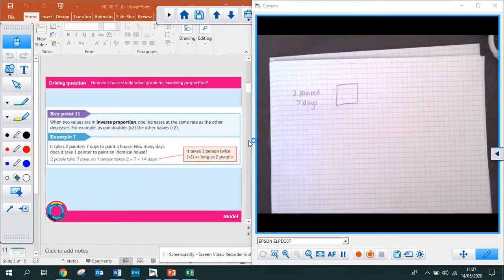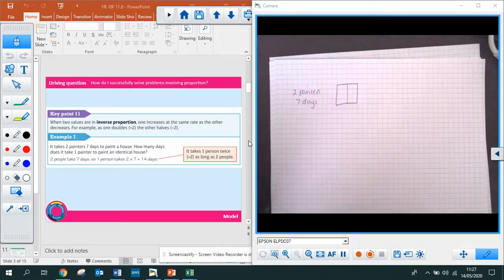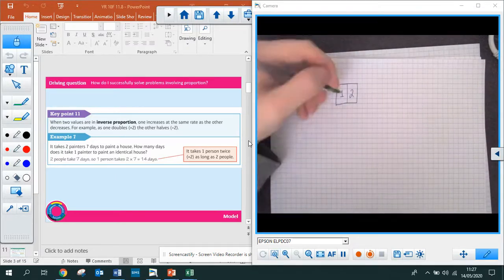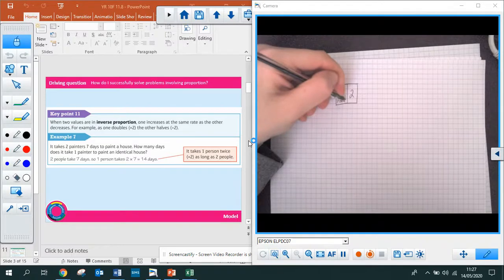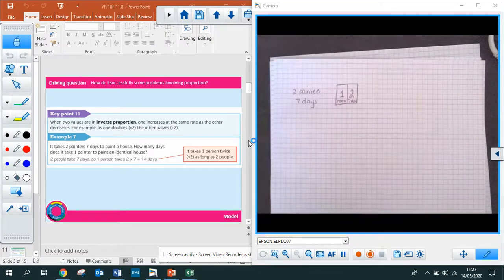So if you imagine you've got 2 painters in those 7 days, painter 1 is going to paint that side, painter 2 is going to paint this side. Okay, and that takes painter 1 7 days to paint this side, and painter 2 7 days to paint that side. But because they're doing it together, the whole thing is finished in 7 days.